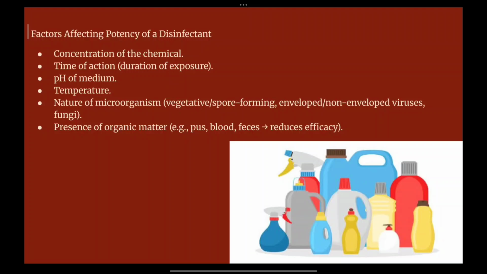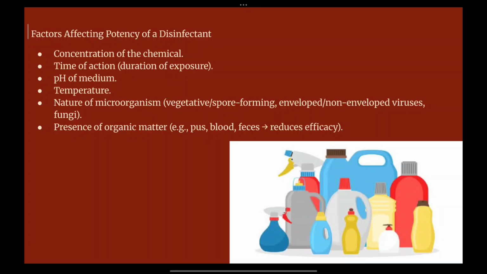How much time you are exposing the chemical agent to the surface will also depend. When it is exposed for the correct standard time, then the sterilization or disinfection has happened. The pH of the medium also matters. Whether it is acidic or basic, the level of the medium is going to determine the effect of disinfection. The temperature also determines the potency or the action of the disinfectant.